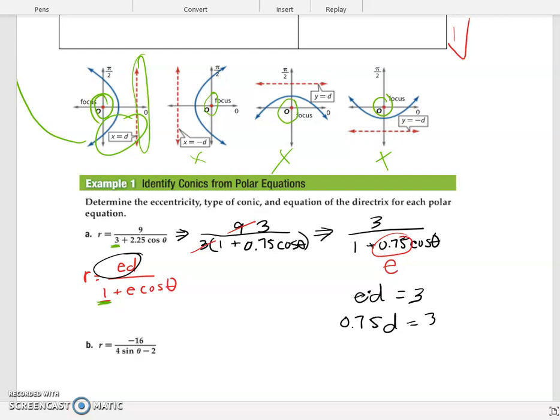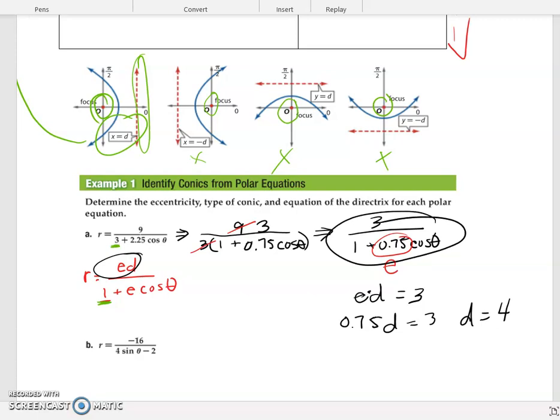And so we're going to divide by 0.75. 3 divided by 0.75 is 4. Okay, so that means that our d has to be 4 in order to get our 3. Okay, so this is our reduced form of the equation.